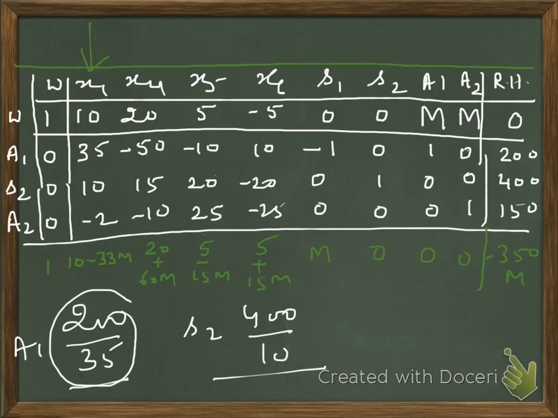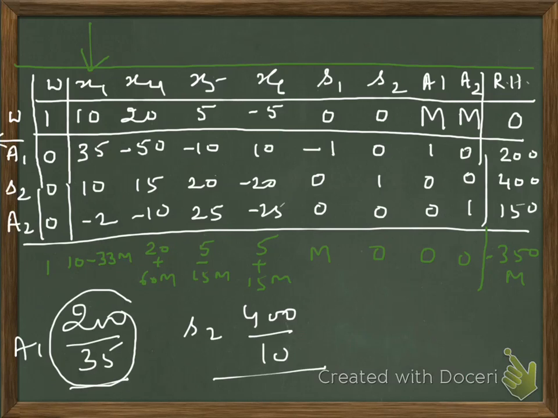So in the iteration, A1 will be the leaving variable. So when you prepare the table for simplex iteration, x1 will come inside the basis and A1 will leave the basis.